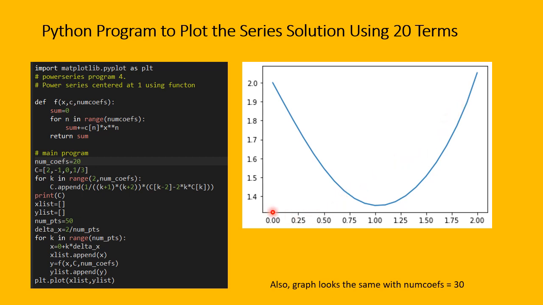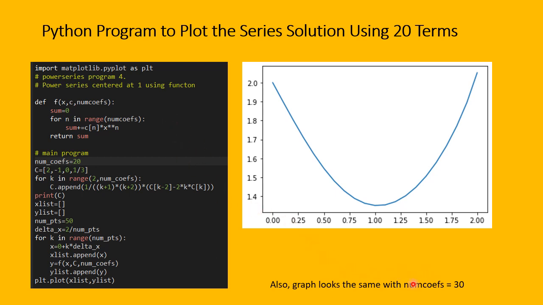So the next thing we could ask is, letting the number of coefficients, or the number of terms used from the power series, equal 20 gave us a graph that looked like the numerical solution, the Euler's method solution. What happens if we increase and look at more terms?